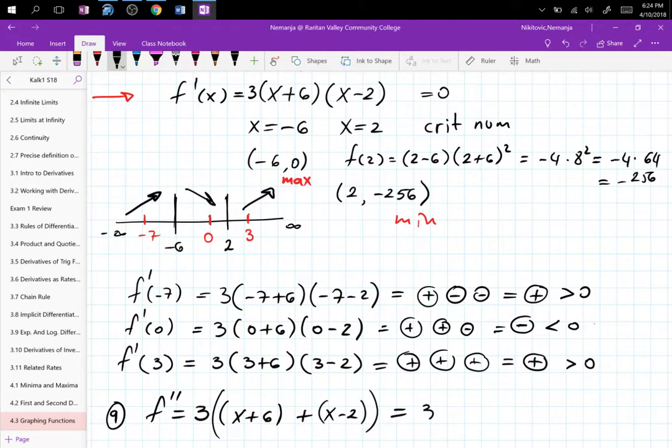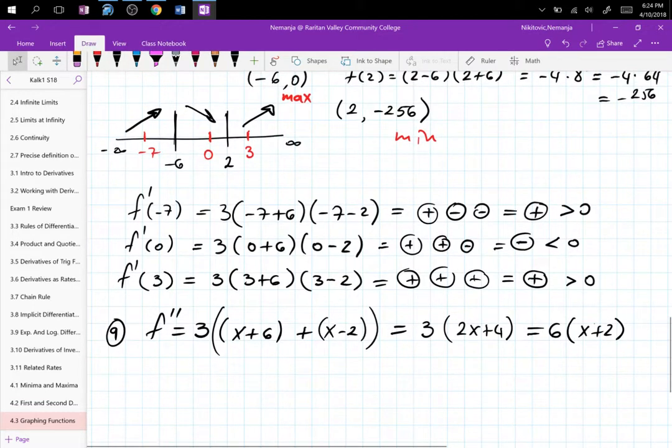So all of this is 3 times, and now this is 2x plus 4. And you can kick 2 out, so it's 6x plus 2. So now I have my second derivative, which is 6x plus 2.